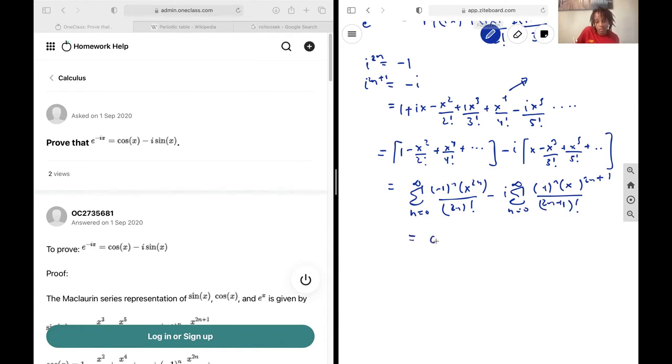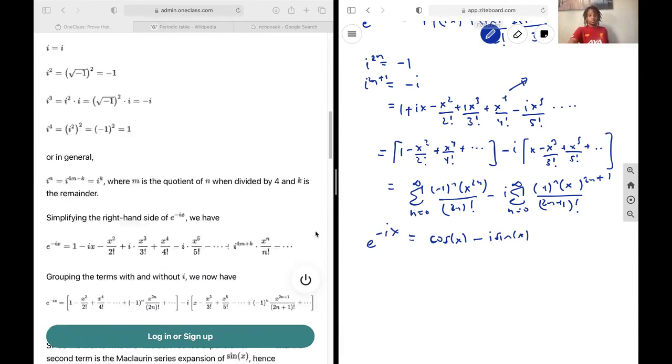And so what that means is it will become cos x minus i sine x is equal to e to the negative ix. And that is what we're looking for initially, so it's been proved.